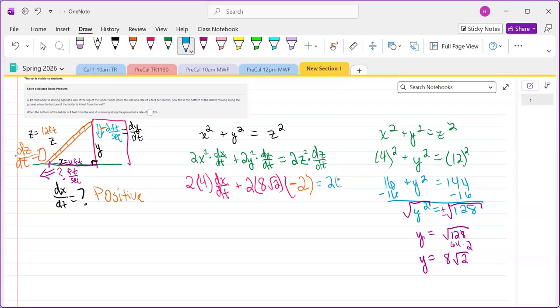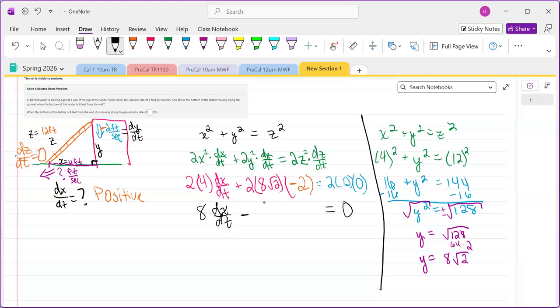Our z was 12, but our dz dt is the lovely 0. So we're going to have 0 on the right side. I've got 8 times dx dt. And then this will be negative 32 square roots of 2.